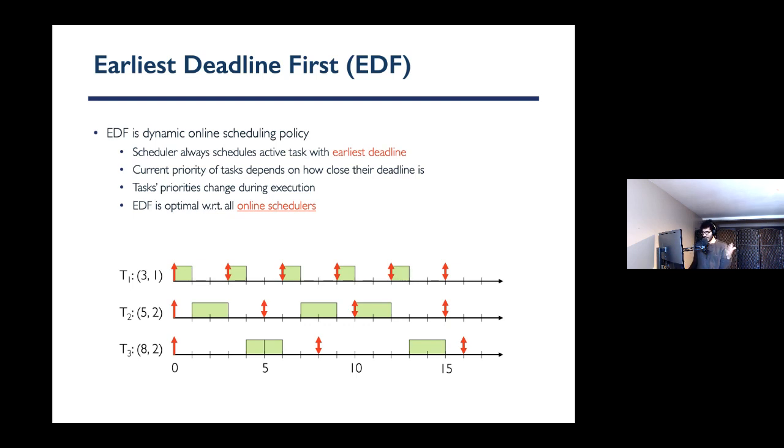Hopefully that explains it. So a static schedule is online. A dynamic schedule is online. A fully dynamic schedule is also online. Now, when I say EDF is optimal with regard to online schedulers, it means that for any scheduling policy in any of these three subclasses, if it can schedule a task set, EDF can schedule it too.